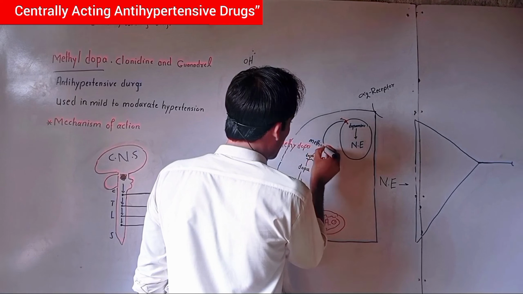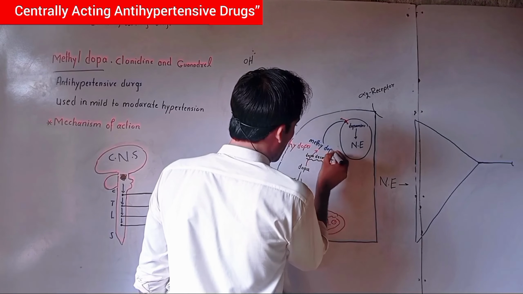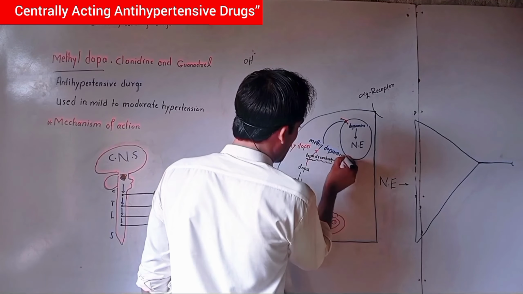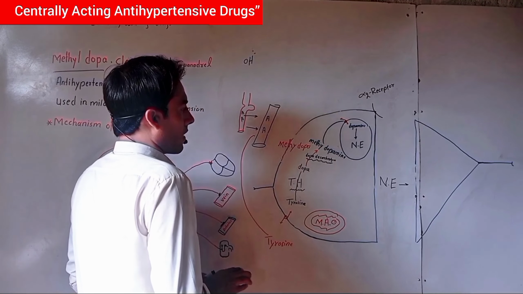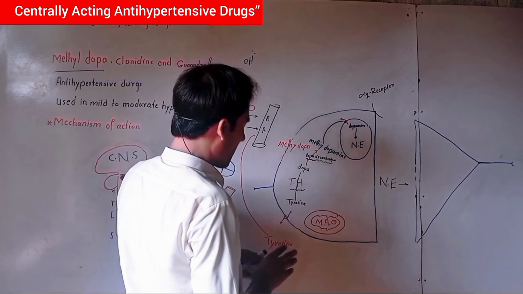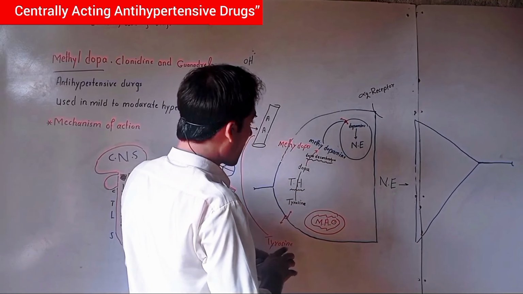Then instead of dopamine, methyl dopamine is formed into the vesicle.